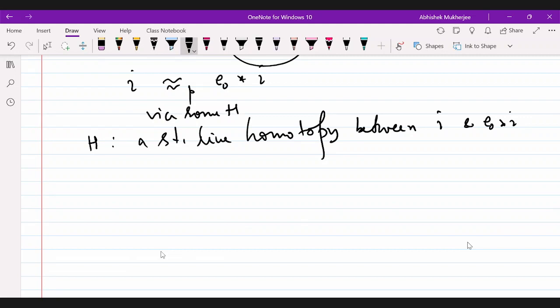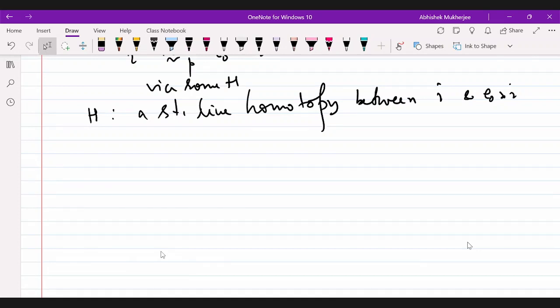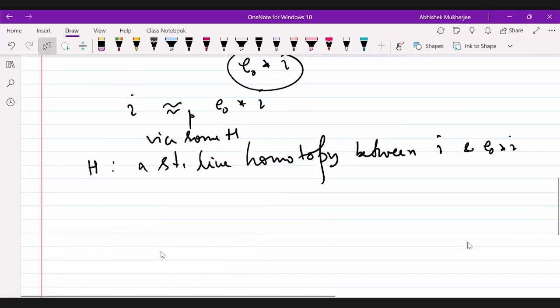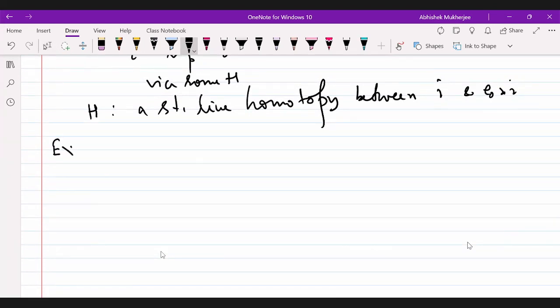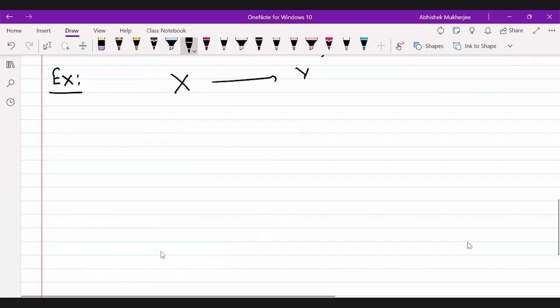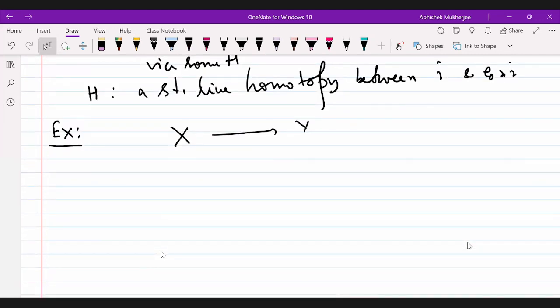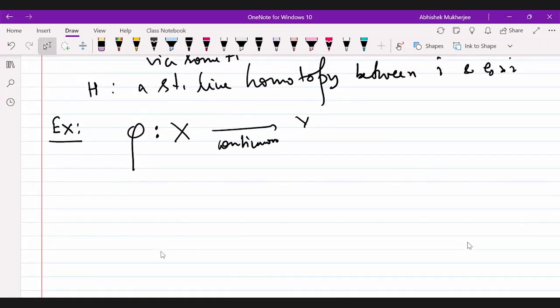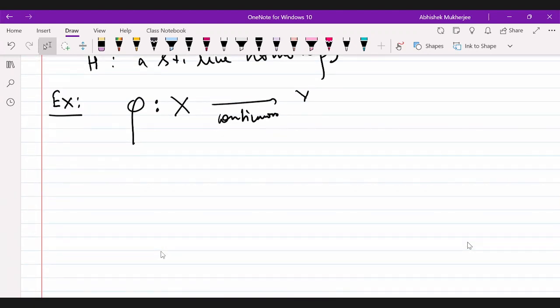Now let me give you an exercise here, that you can prove for any two topological spaces X and Y. Suppose you consider a continuous map phi from X to Y. And now you want to consider two paths, one is gamma, another one is sigma, having the same initial point and end points.